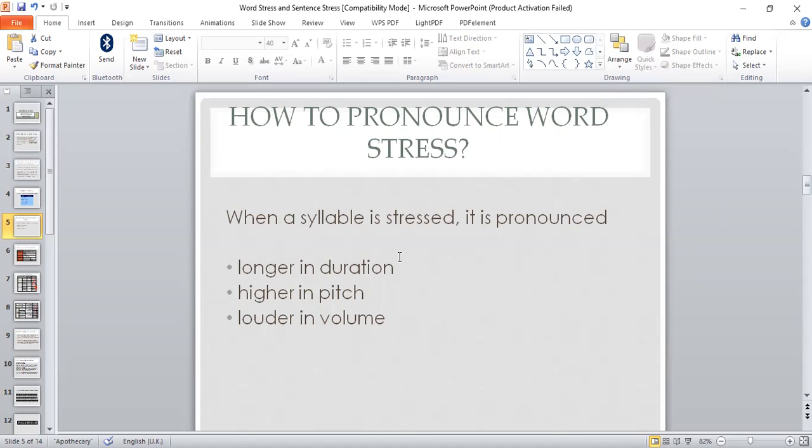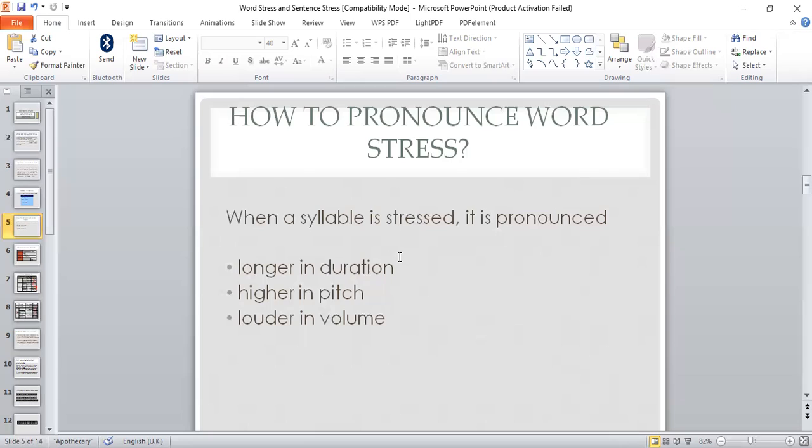So one of the criteria we can use to identify a stressed syllable in an English word is that it is longer in duration. That is, we take a long time to pronounce that syllable.